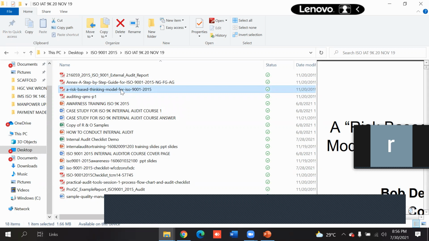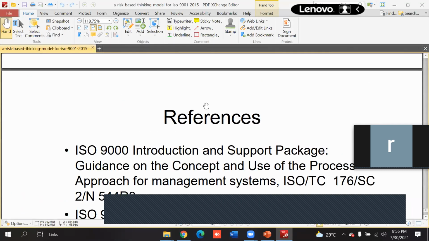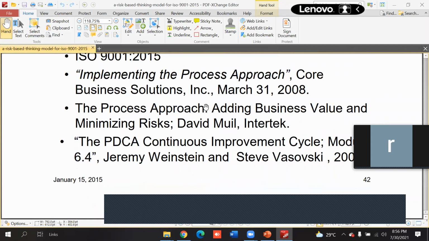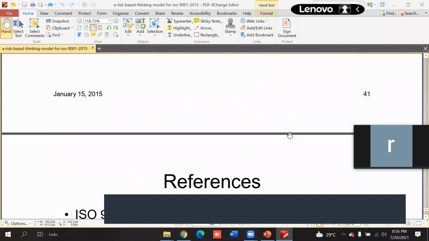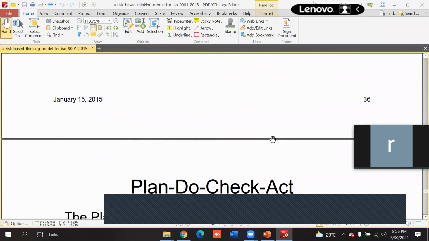Yeah, the risk-based model. Last time we went through the video as well. It's more clear as well. So yeah, especially your policy, your objectives, especially the risk-based approach, risks and opportunities, is a key thing to drive a company lah.